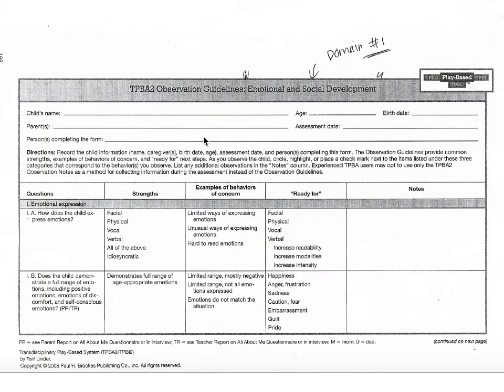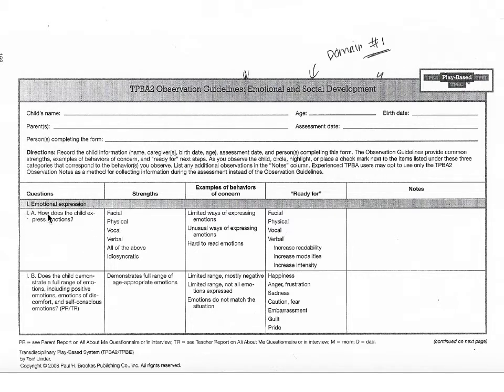So this is the observation guideline for the first domain, emotional and social development. And this is the first step. We are going to use observation guidelines, right? So under emotional and social development domain, you see the first subdomain, which is emotional expression, right?